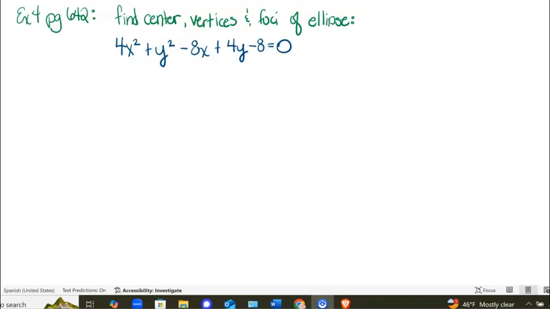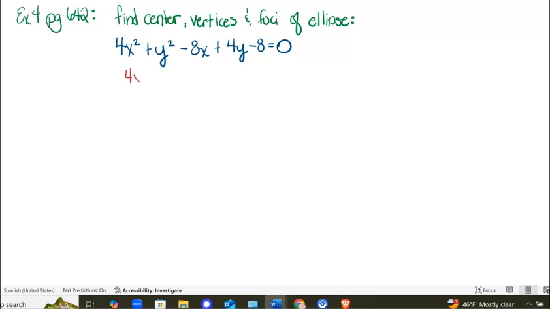Coming back to the equation, we see that it's not in standard form, obviously. We need to do something to this equation to put it in that form, and that something is completing the square. The first thing I'm going to do is collect my x's together, collect my y's together, and move my constants to the right side of the equation.